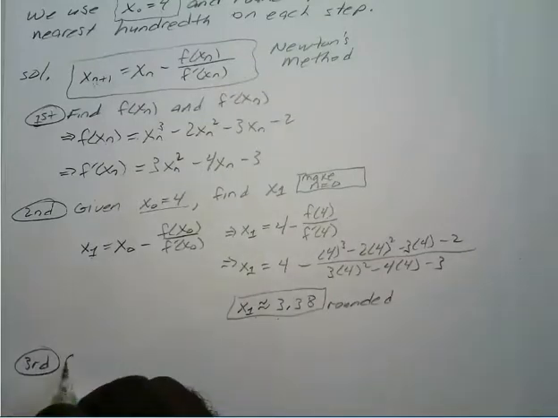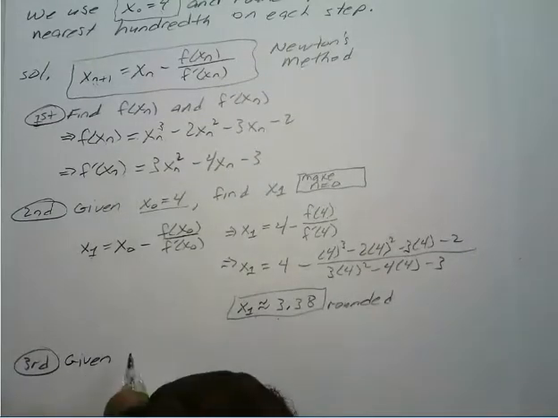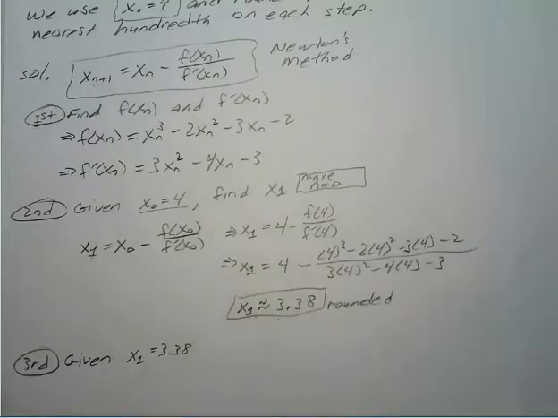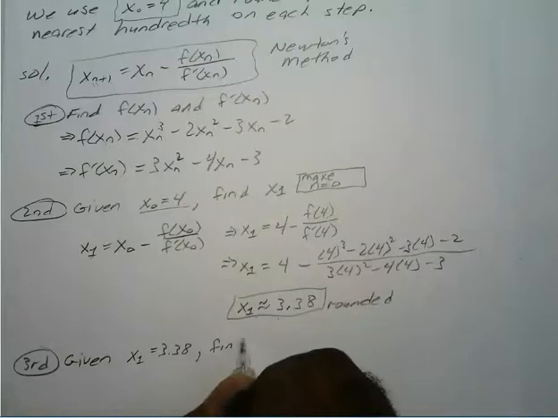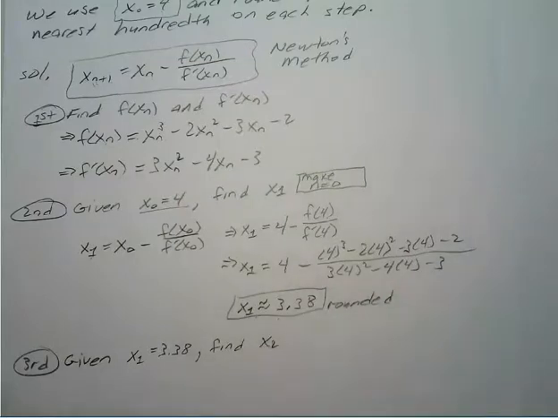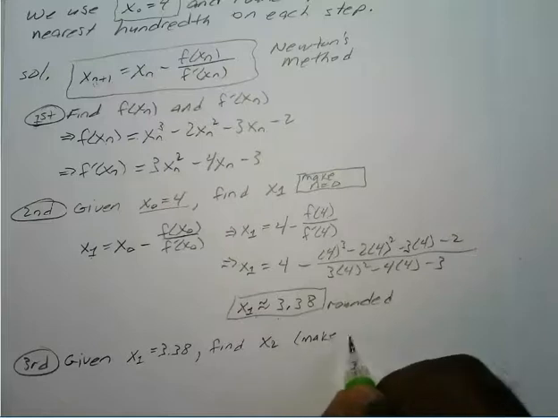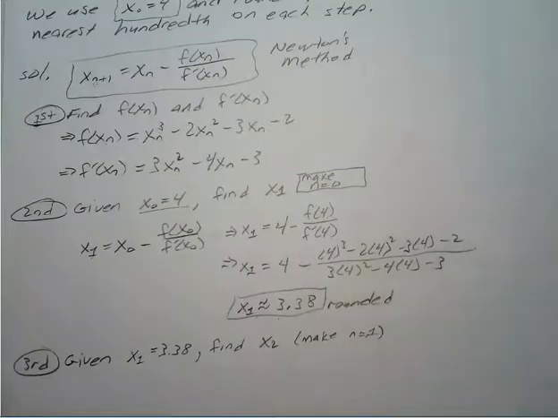Given that x sub 1 equals 3.38, find x sub 2. And this time you just make n equal 1 in our Newton's method formula.